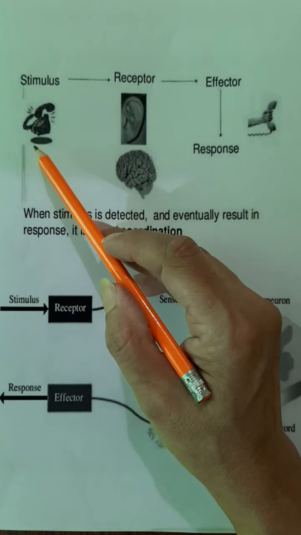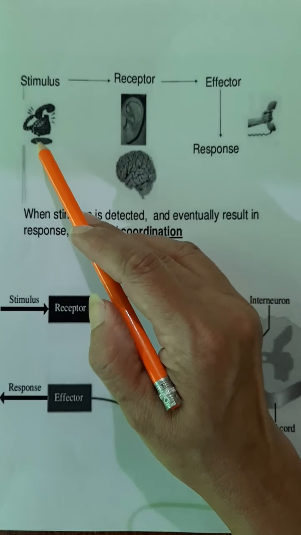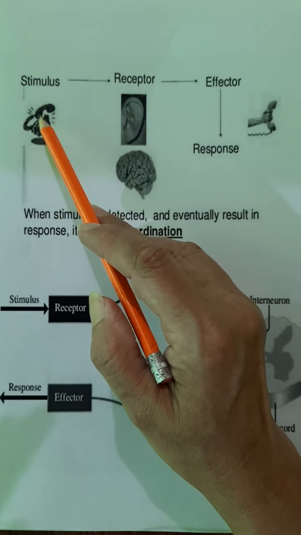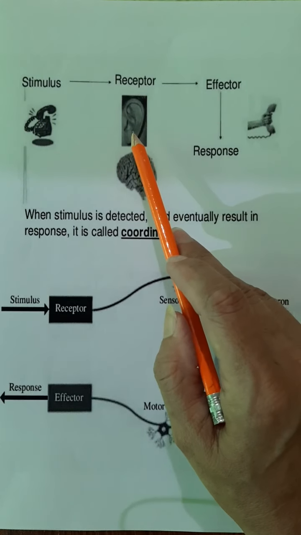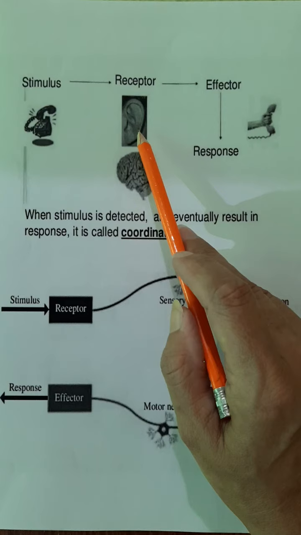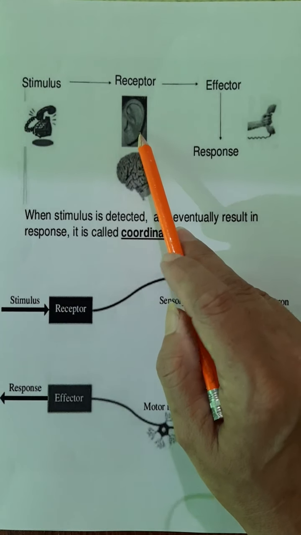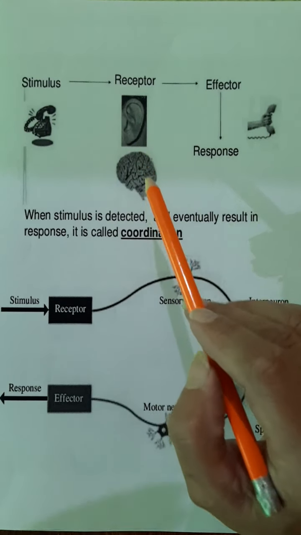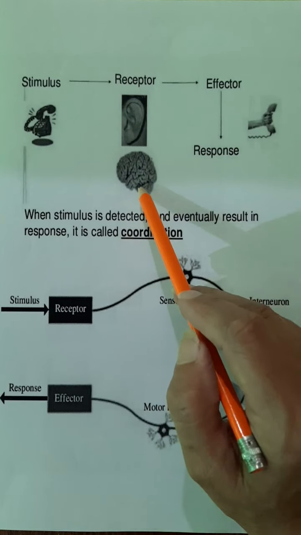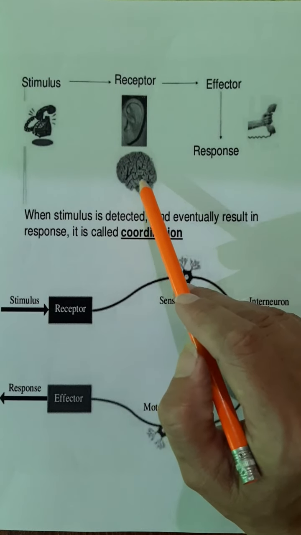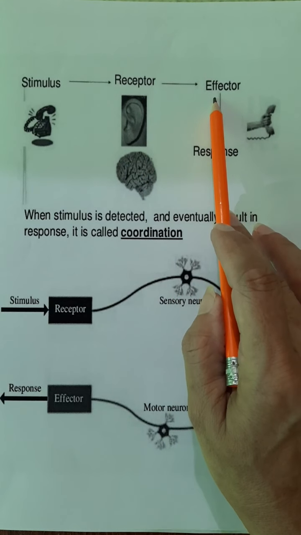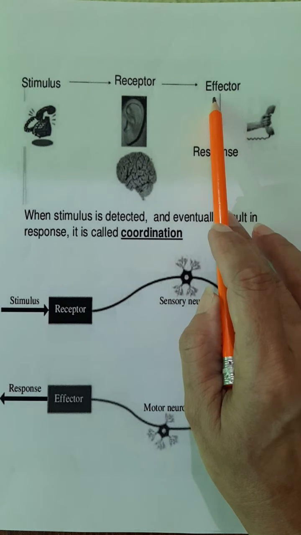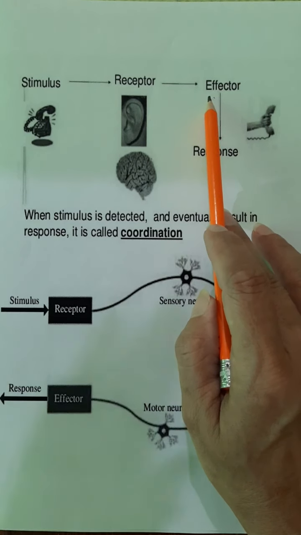If the bell of your phone rings, this ringing is the sound and it is the stimulus. It will be received by the receptor. The receptor is your sense organ, and that is the ear. This ear will take this sound message to the brain, and then the brain will give an order to the effector. The effector can be the muscles of your body, or any organ of your body, to do the reaction.